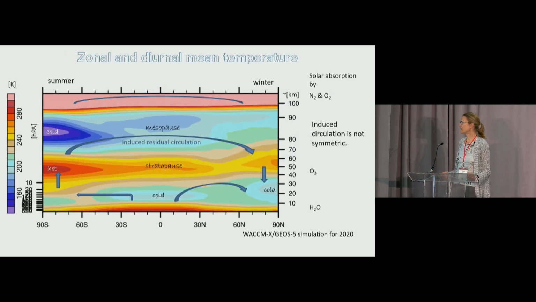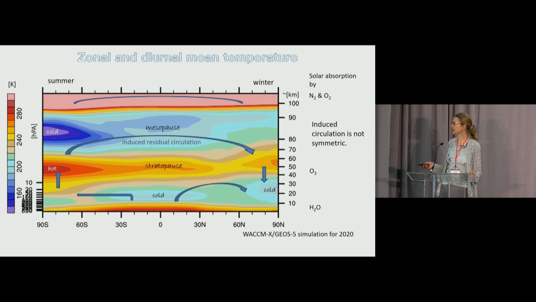This is very basic. It's the zonal and diurnal mean temperature. On the left side here, this is local summer. Here is local winter. And it shows you the mean temperature.